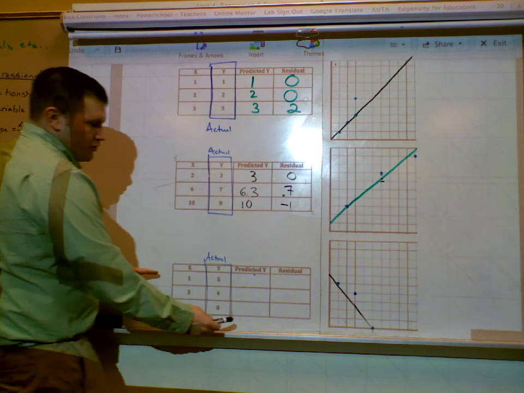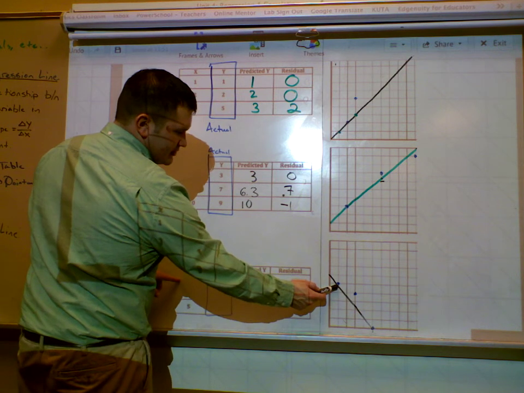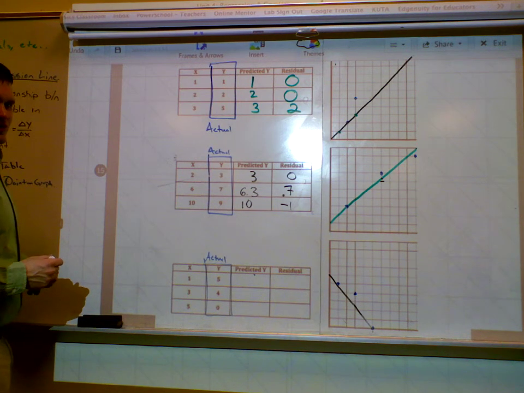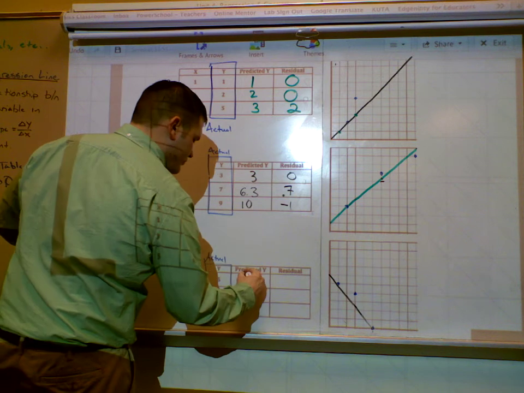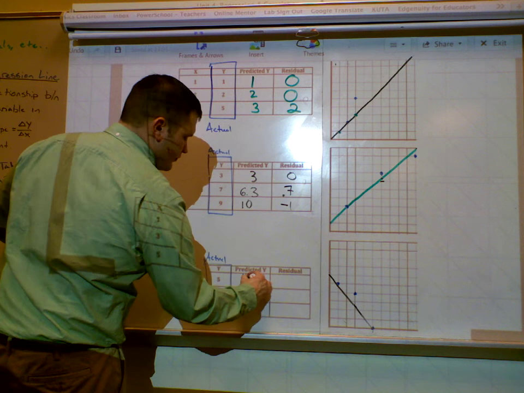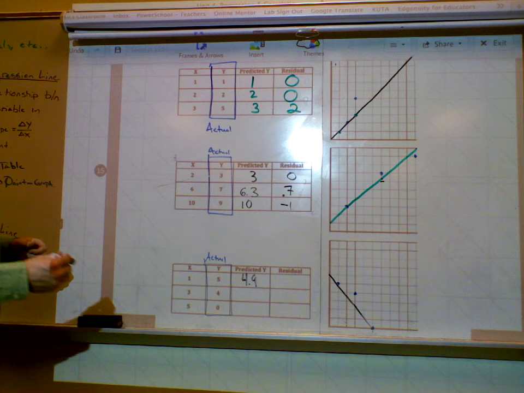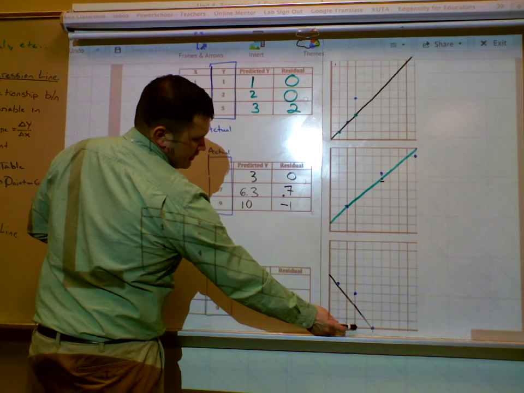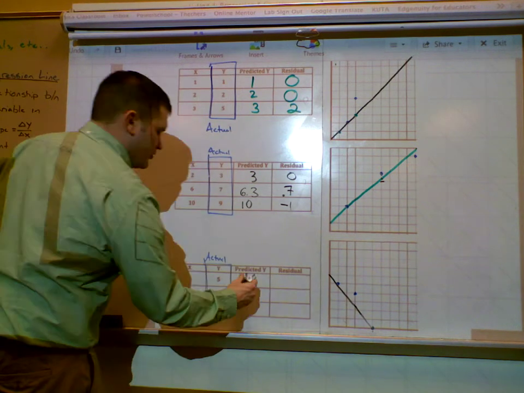So down here. When x is 1, y is, I think it's just below 5. What do you guys think? Think it's on 5 or just below? Just below? Okay, we'll call it 4.9. Next one. X is 3. Y is, I think, 2.5.